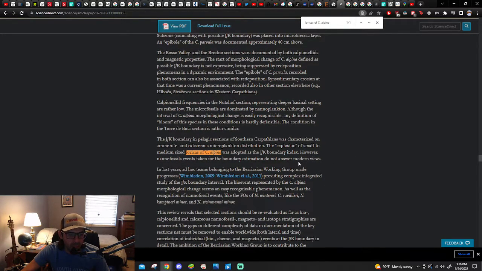Teams made progress providing a complex integrated study of the J-K boundary interval. The bio-event represented by the Calpionella morphological change seems an easily recognizable phenomenon, as if the amount of energy being released by the Earth suddenly, spontaneously changed.